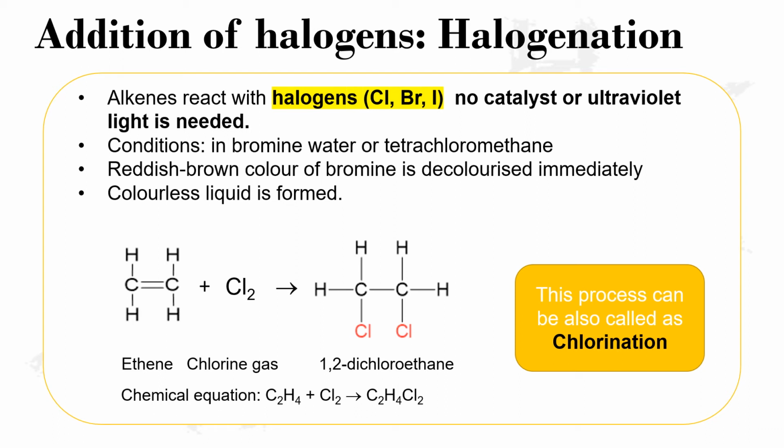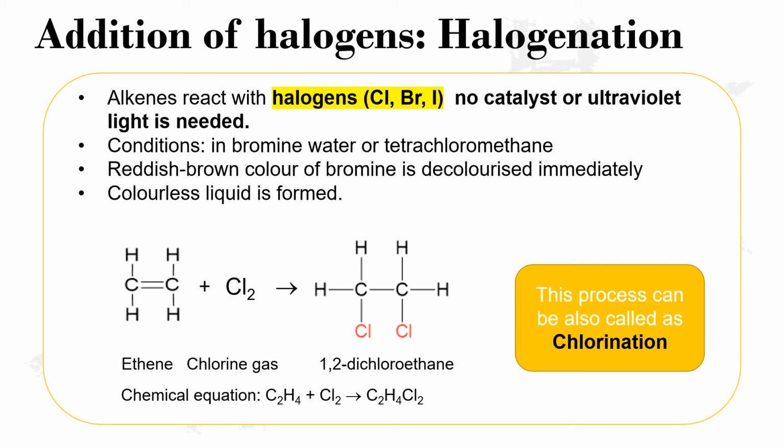Why? Because this bromine water will only activate the chlorine gas or the halogen you use. So let's say if you use bromine water, the reddish brown color of bromine is decolorized immediately. So a colorless liquid is formed. This colorless liquid is your final product.